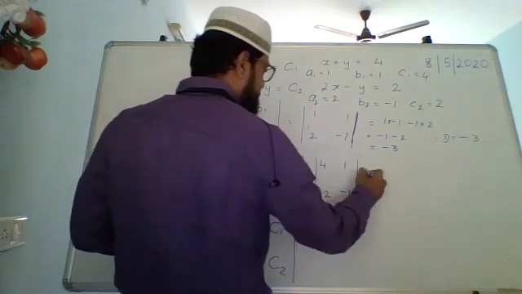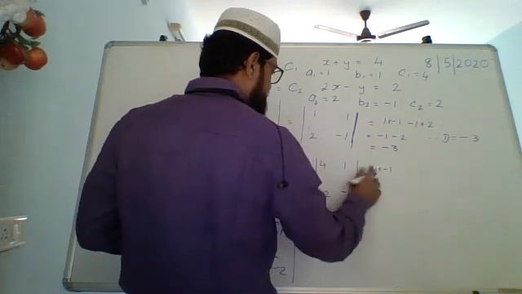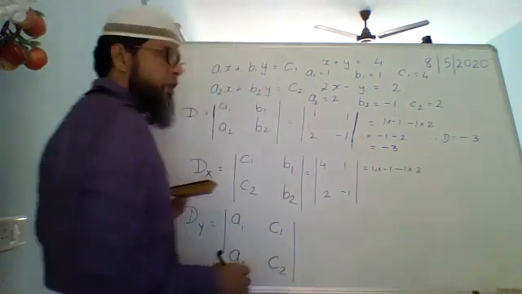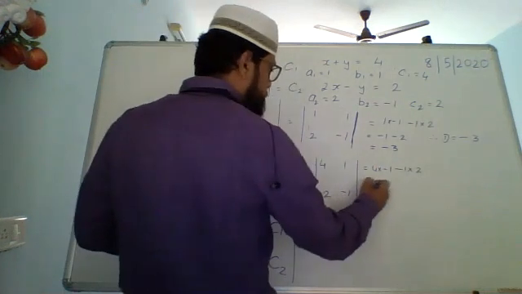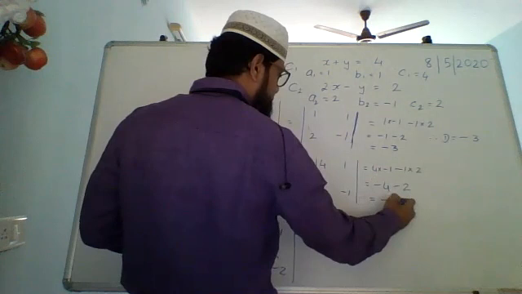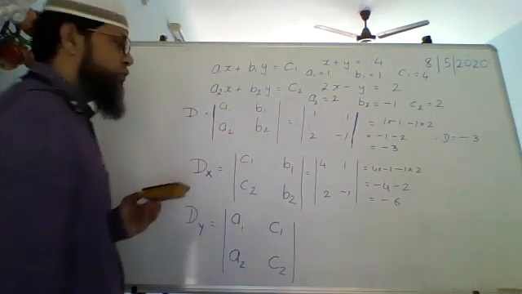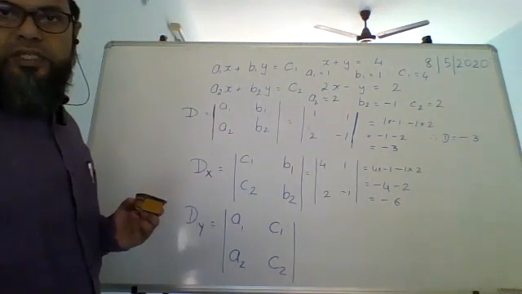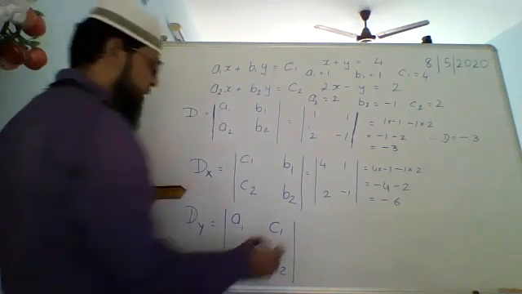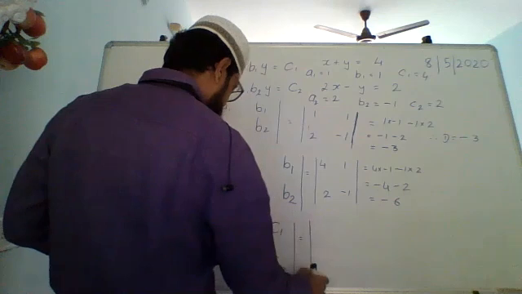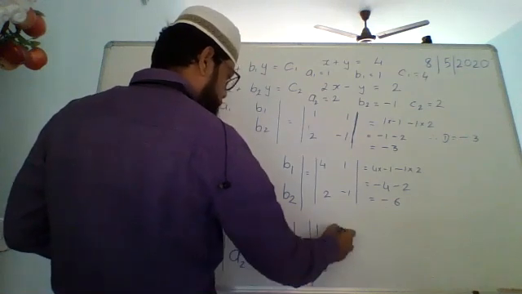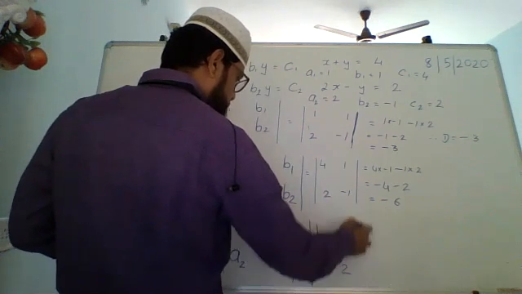So 4 into minus 1 minus 1 into 2, which is minus 4 minus 2, which is minus 6. Similarly, this is going to be A1, which is 1, 2, 4, 2.